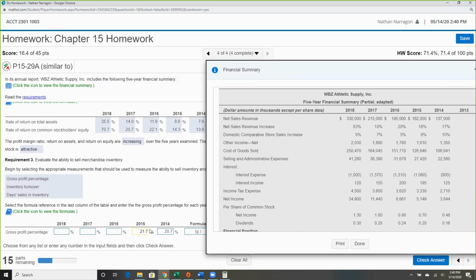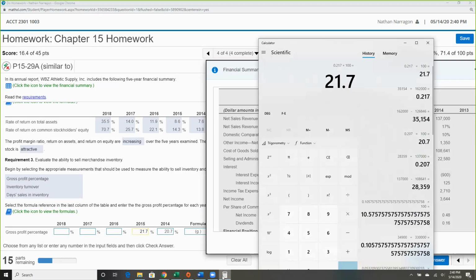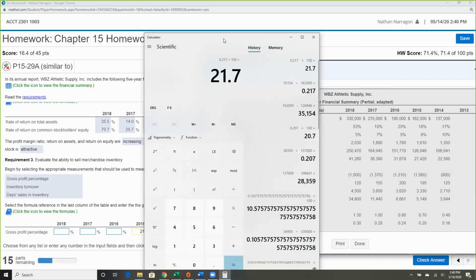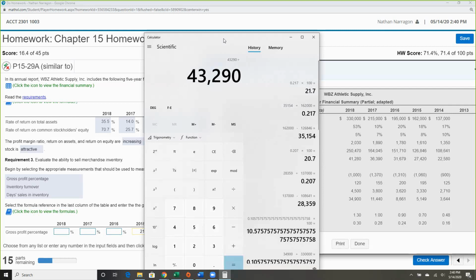Now, since this is looking at sales and revenue, we already know the trend is positive. So each of these numbers should actually increase throughout time. 16, minus this cost of goods sold, divided by sales.